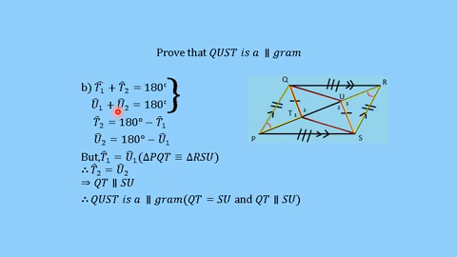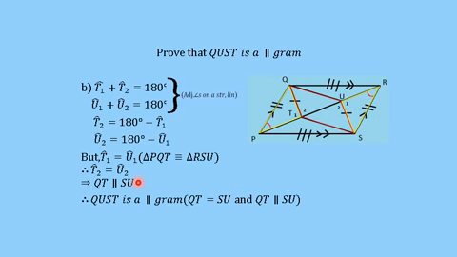Okay, so angle T1 plus angle T2 equals 180 degrees. As you can see, it is a straight line. Okay, and then again, angle U1 plus angle U2 equals 180 degrees. Okay, these are the adjacent angles on a straight line.